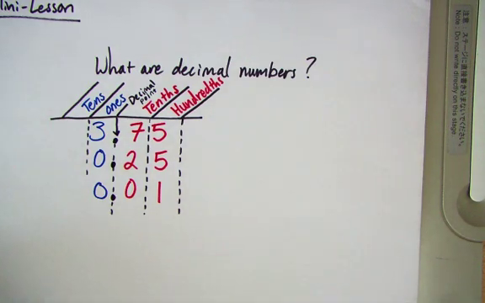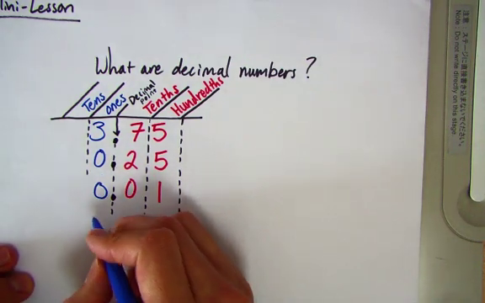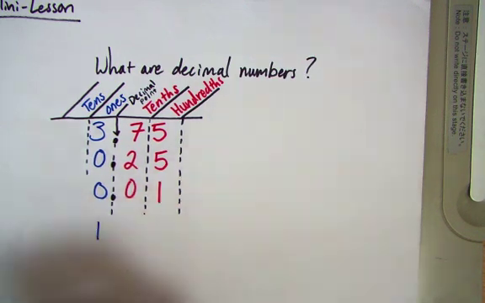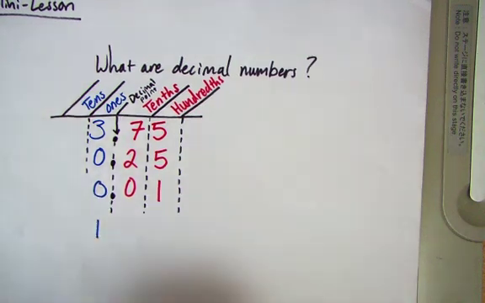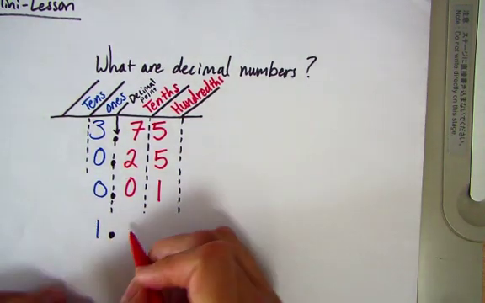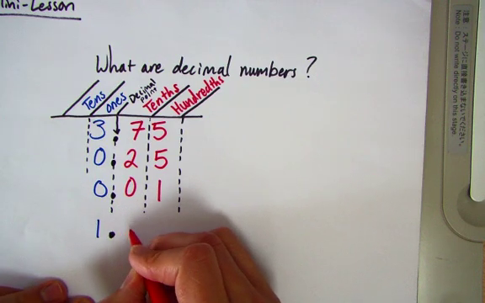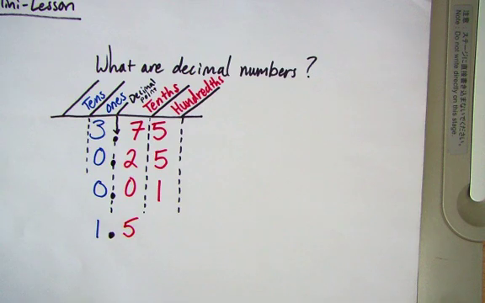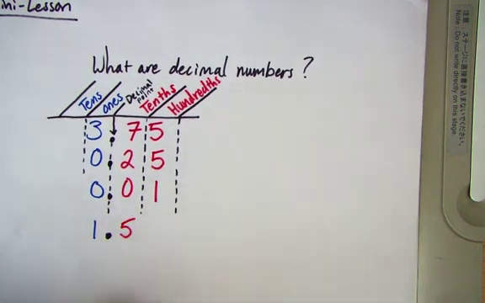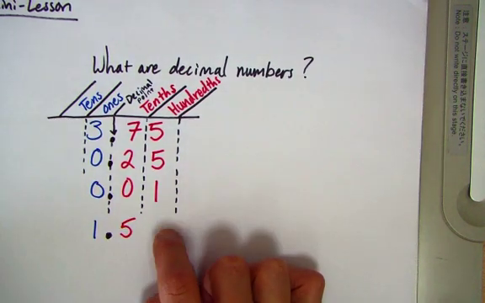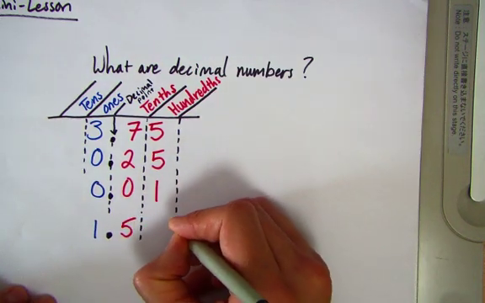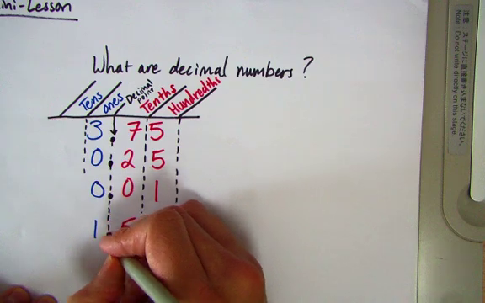Now let's do one more, and let's just do 1 in the ones place. So we have 1 whole, and let's do 5 right here. So I don't have anything in the hundredths this time. I didn't put a 0 there either, and I did that for a reason.